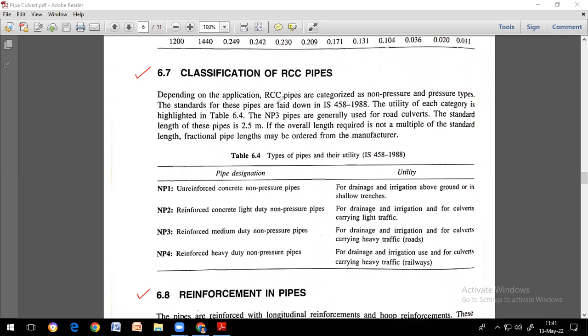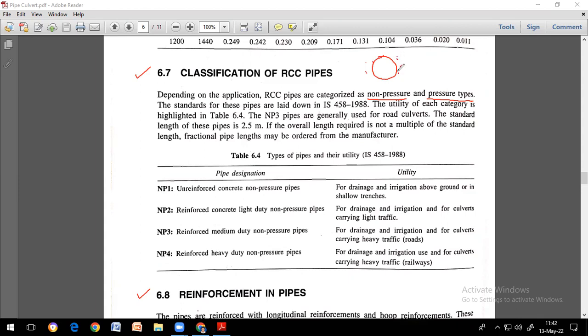See here, it all depends on the application. Which type of pipe is to be used for placing there depends on the application. So here RCC pipes are categorized as non-pressure and pressure types. Do you understand? What do we mean by non-pressure and pressure pipes? You can place a pipe without having any pressure on its circumference.